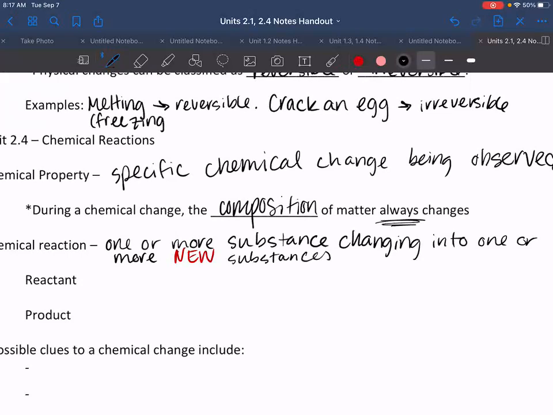So when we have a chemical reaction, you can take one thing or multiple things, and it undergoes a change into at least one new substance on the other side. Have you heard of reactants and products before? Okay. Reminder that the reactant is present at the start of the reaction. Our product is produced in the reaction.